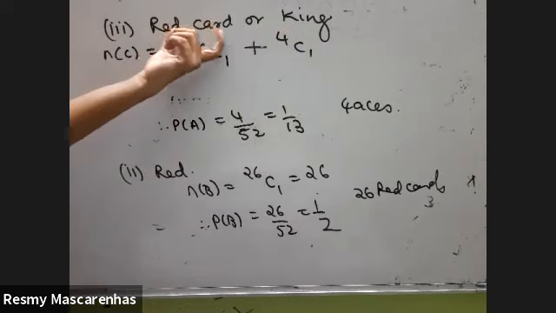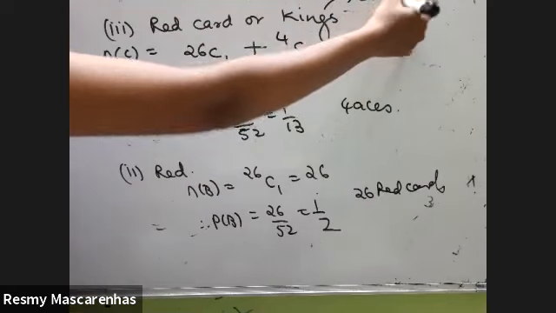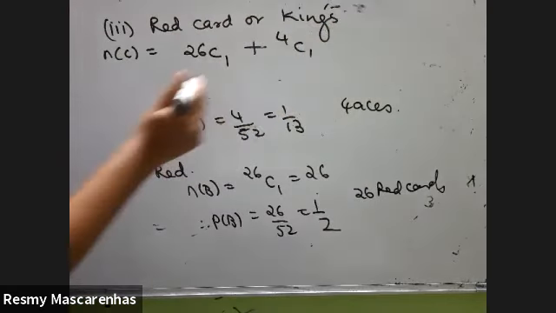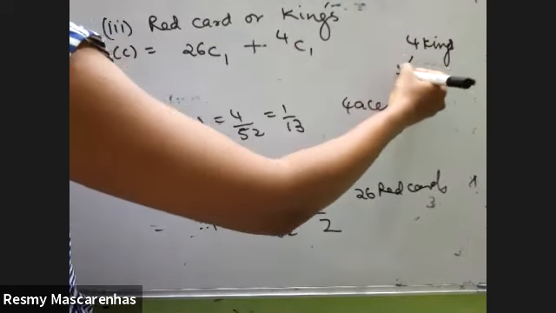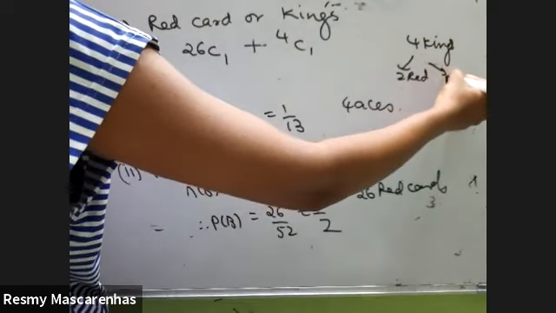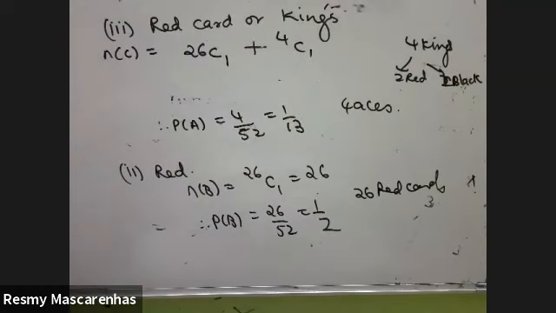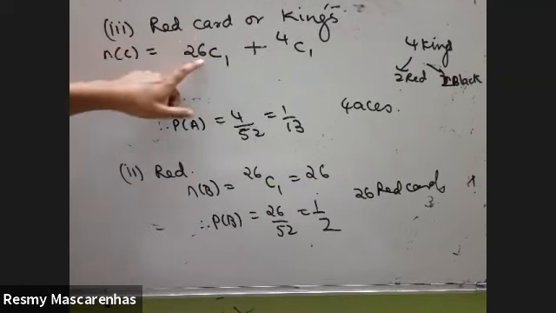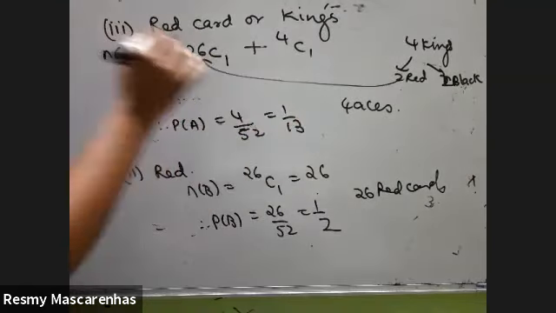Because whenever you see kings, there are 2 red and 2 black, 4 kings in all. So out of that, when you were picking 26 cards, these 2 red kings were already counted.